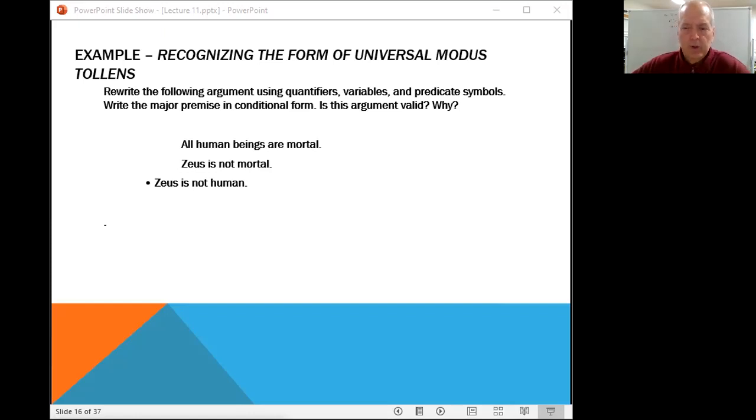Then we can have a particular z, which would stand for Zeus. Then the argument becomes: for all x, if h(x) then m(x); not m(z); therefore not h(z). And let's take a look at this on the board.